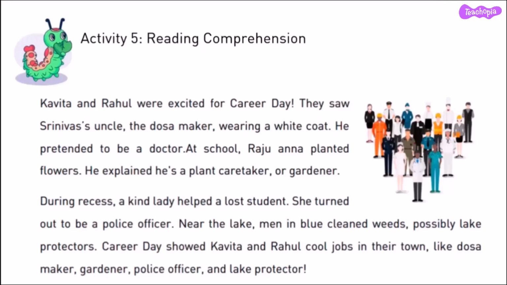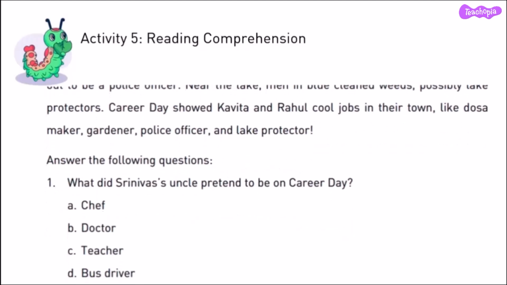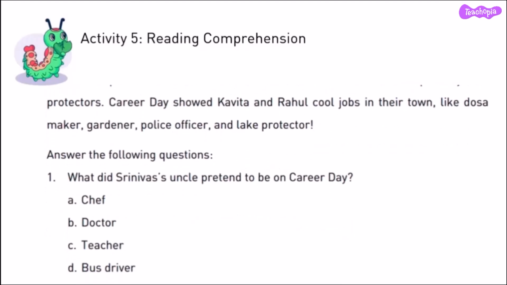During the recess, a kind lady helped a lost student. She turned out to be a police officer. Near the lake, men in blue cleaned weeds, possibly lake protectors. Career Day showed Kavita and Rahul cool jobs in their town, like dosa maker, a gardener, police officer, and lake protector.